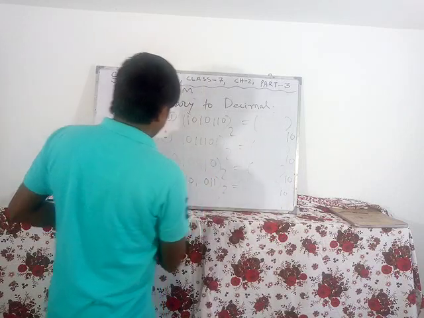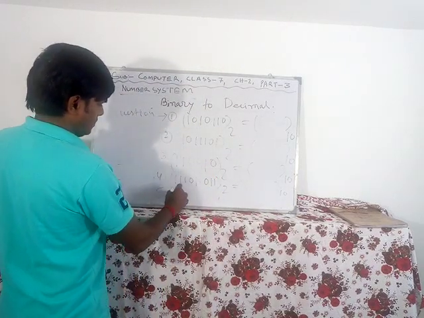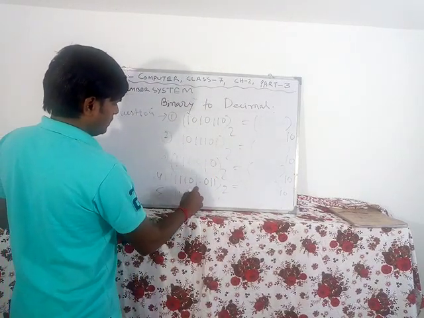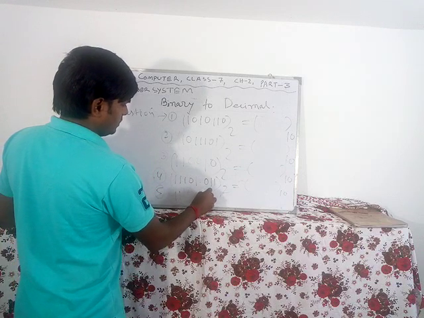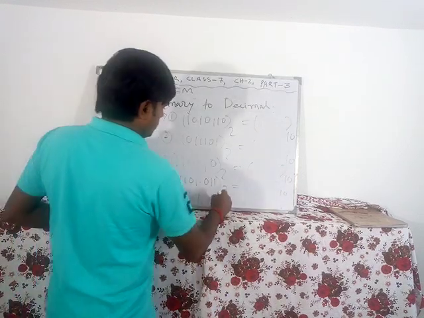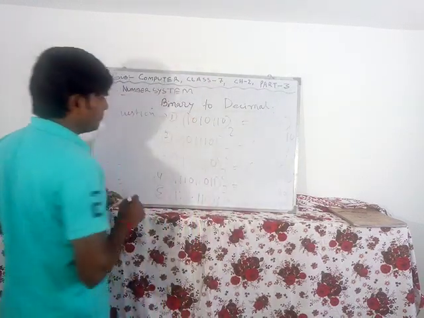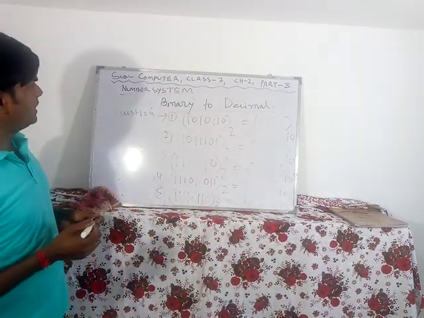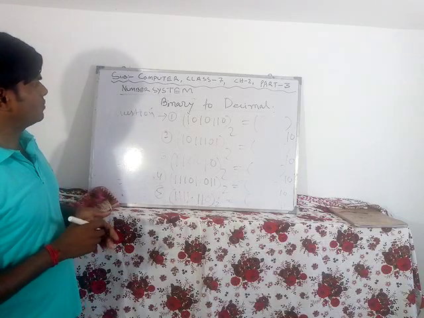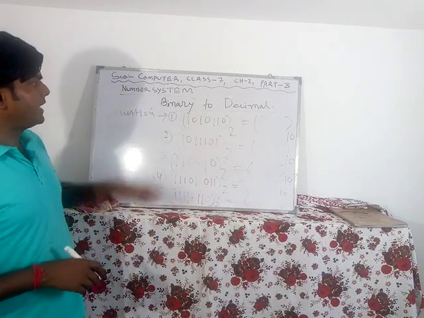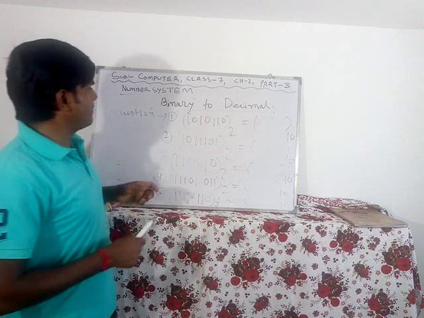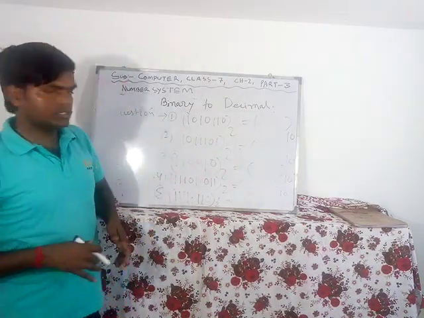And question number 5, 1.110 to decimal. I hope you will understand properly, and you will complete all the questions. So this is the binary to decimal method. Thank you all.